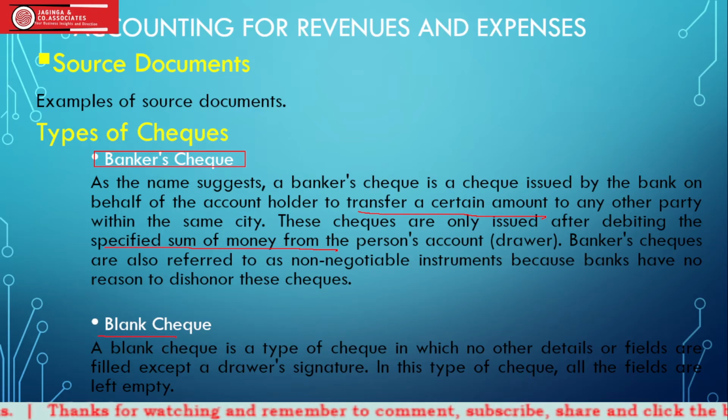And then we have a blank check. A blank check is a type of check in which no other details or fields are filled except the drawer's signature. In this type of check, all the fields are left empty. So let me give you a typical situation where you'll need a blank check.